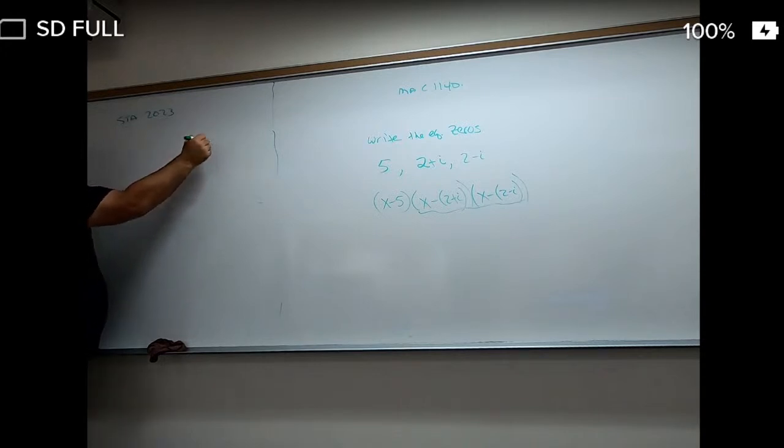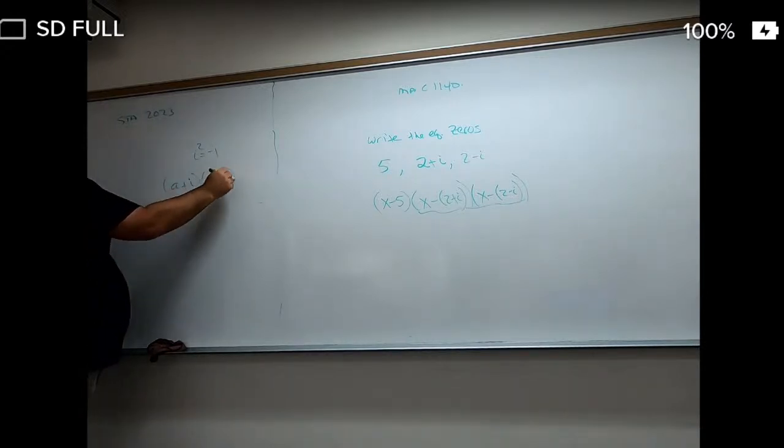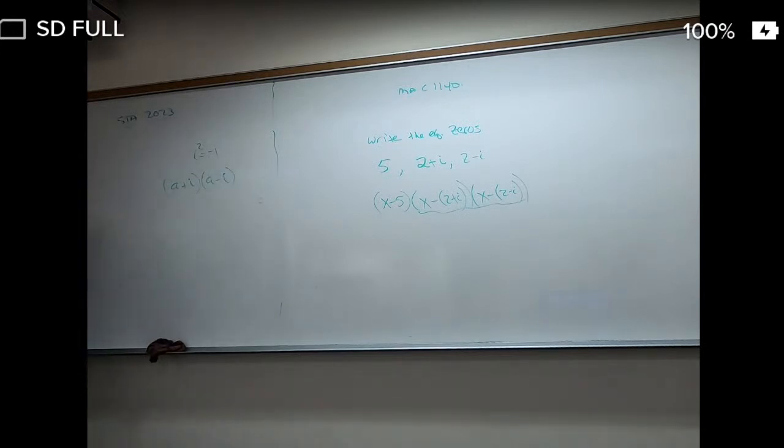We know i squared is -1, yes? Yeah. Okay, so if I had to multiply this out, what do you get?